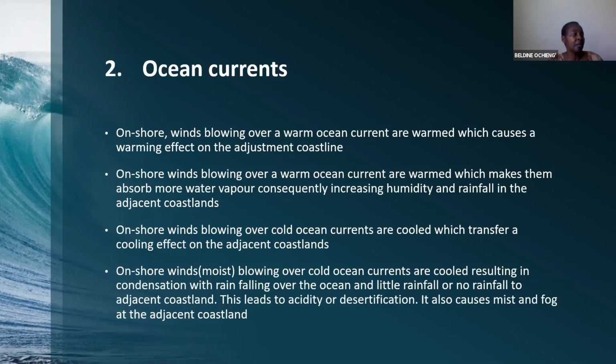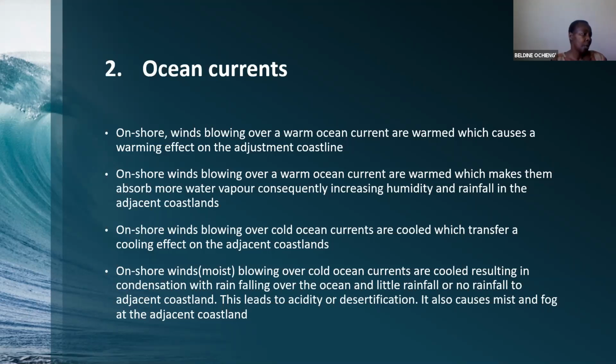Blowing from the sea, they've passed over warm ocean currents. The adjacent land will have a warming effect from these onshore winds, which have blown from the warm ocean current.